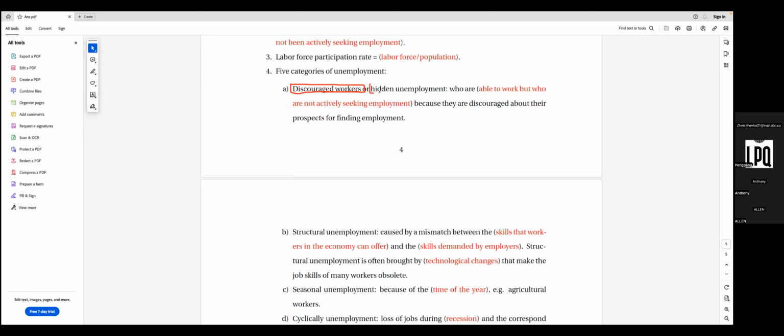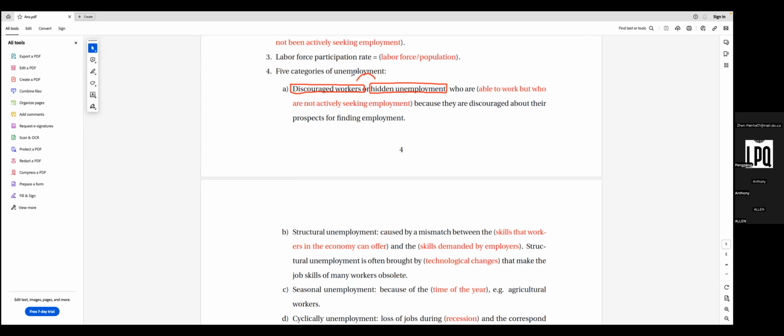Discouraged workers can also be called hidden unemployment. Remember, these 2 terms are the same, and questions can use these 2 terms interchangeably. These 2 terms refer to people who are able to work, who don't have any disabilities, but who are not actively seeking employment due to whatever reason.